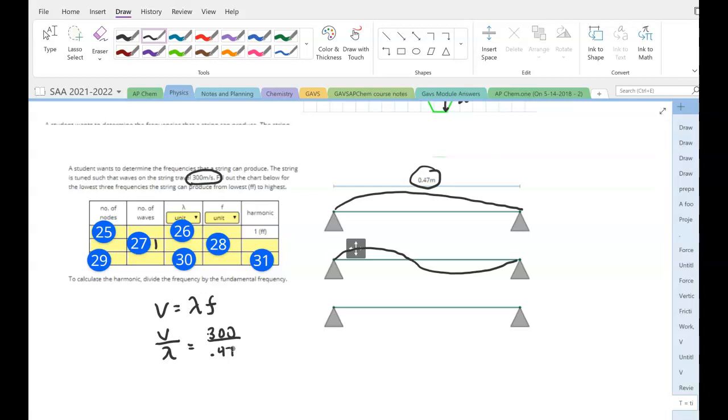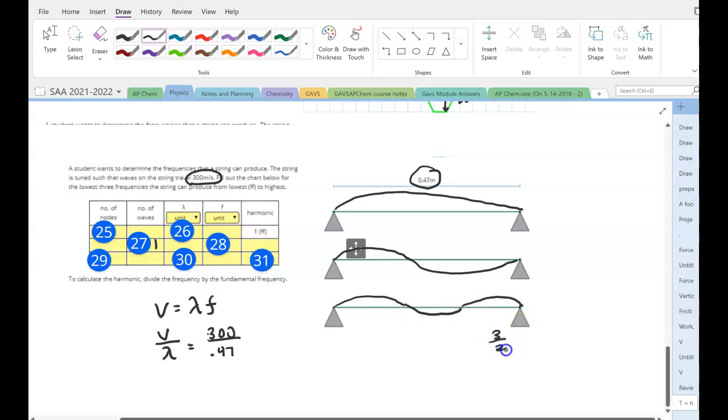Number 29 goes to our third one, and there we have a half a wave, another half a wave, and a third half of a wave. So we have 3 halves, or 1.5 waves here, and so the number of nodes would be 1, 2, 3, 4 nodes.